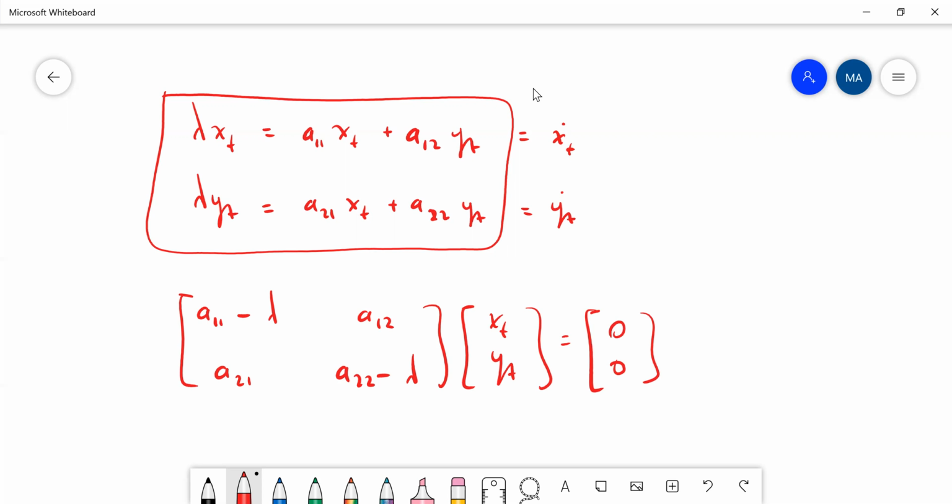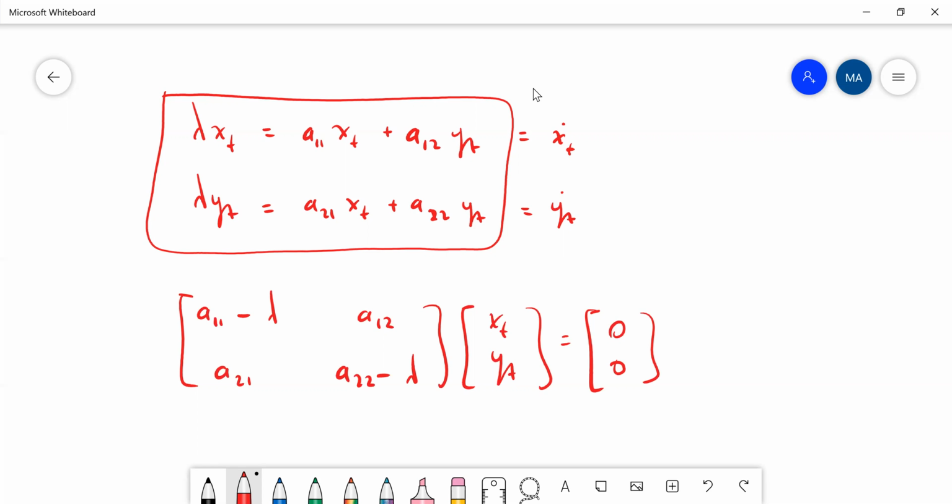Now, if the solution is exponential, so that my differential equations are linear, then for some lambda, I'm going to have xt, yt as the vectors. These lambdas are called eigenvalues, and these xt, yt vectors are called eigenvectors.